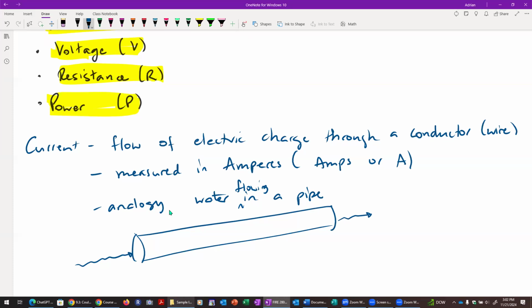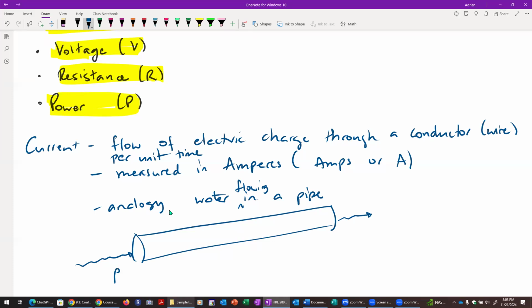When we talk about current being the flow of electric charge through a conductor, this is usually represented per unit time. So in our analogy, the current would be analogous to that flow of water going through that pipe.